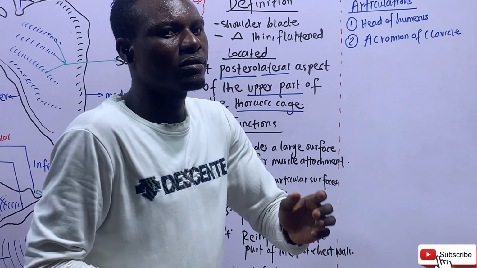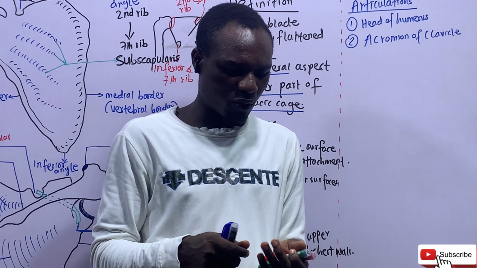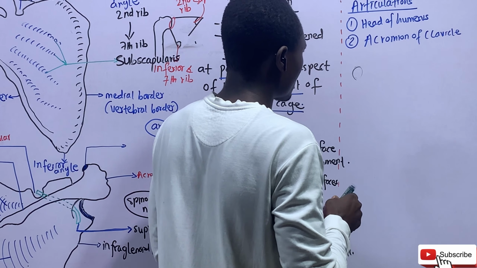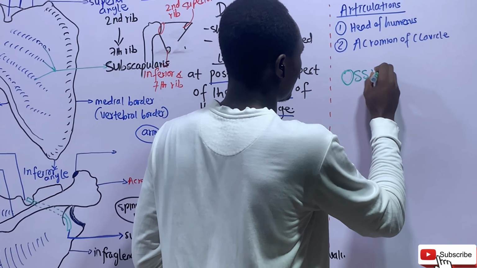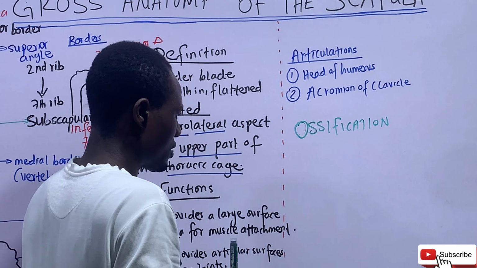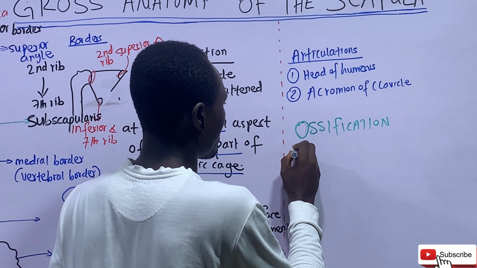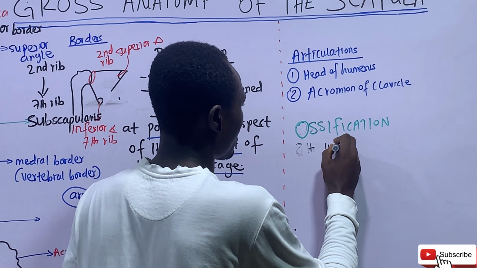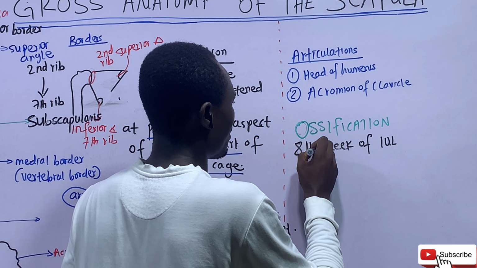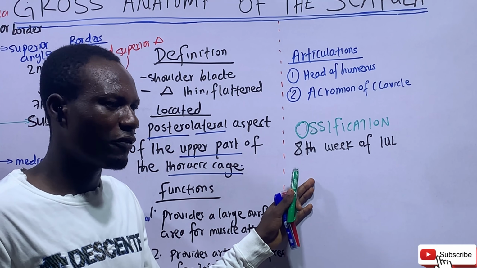Alright, then the ossification of the scapula. How does the scapula ossify? So the scapula ossifies during the 8th week of intrauterine life. So the ossification of the scapula begins during the 8th week of the intrauterine life.